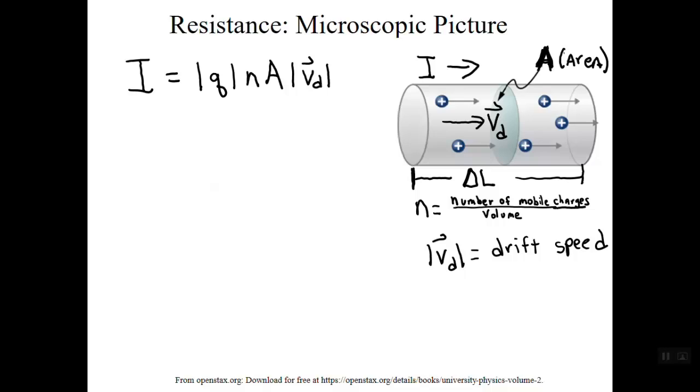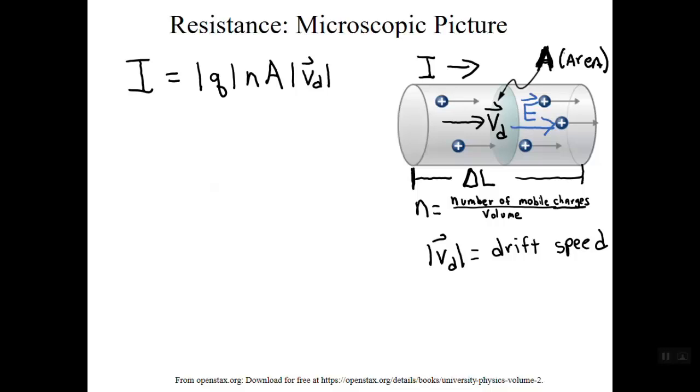In an earlier lecture, we discussed how the conventional current I could be related to the charges that flow with an average drift velocity, vector v sub d here, across the cross-section of an element of area capital A. The expression for capital I also depended on n, the density of mobile charges, as well as the magnitude of each charge in the current.